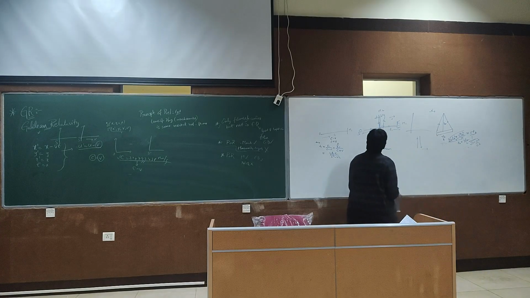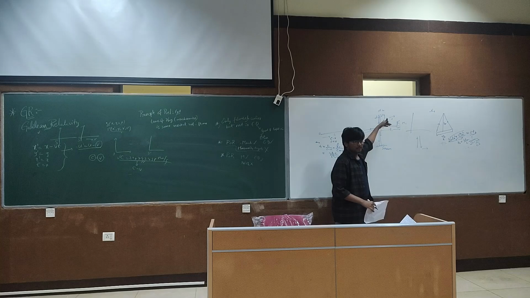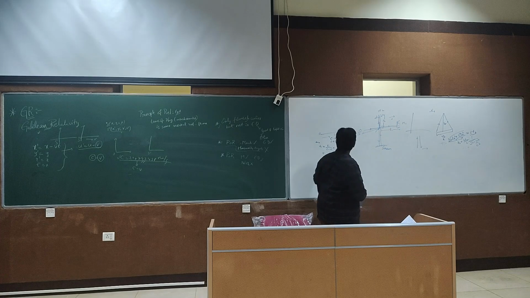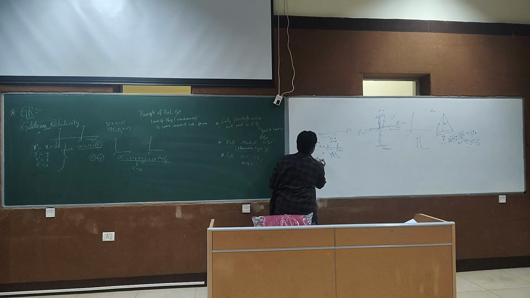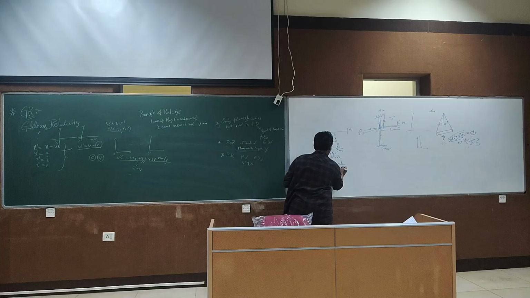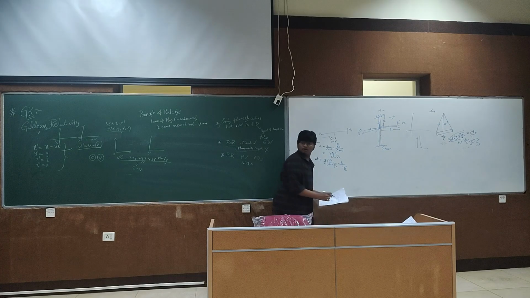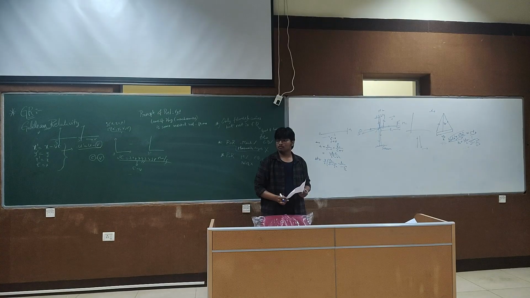So what is the time difference between these two paths, delta t? We have one doubt. From which reference frame is the time t2 calculated, and from which reference frame is the time t1 calculated?